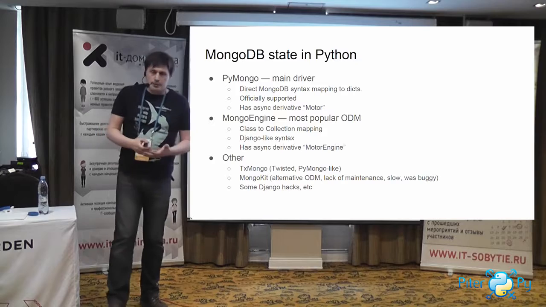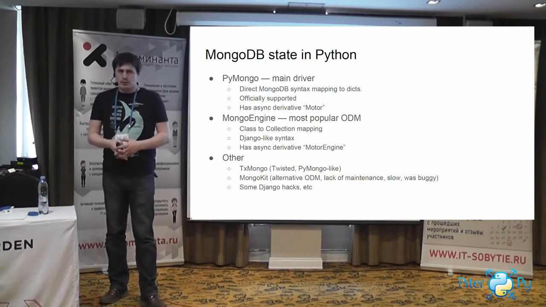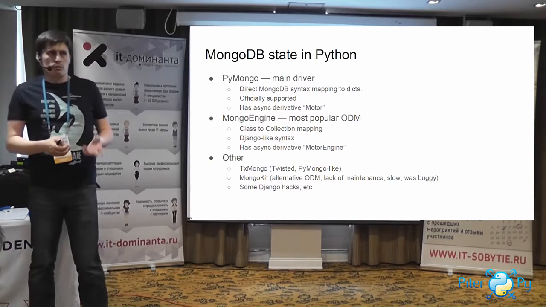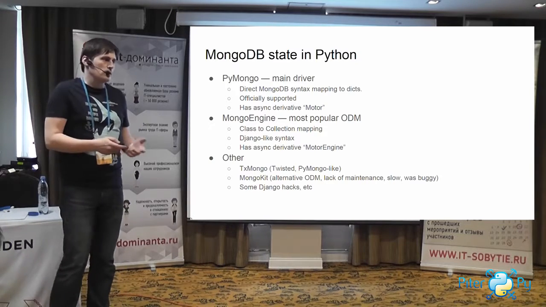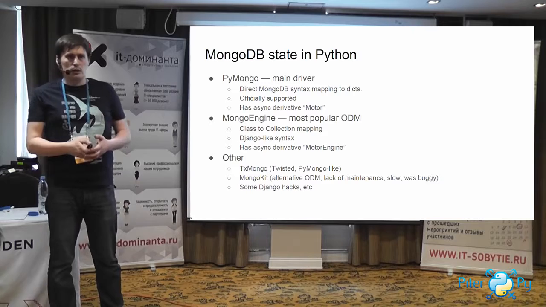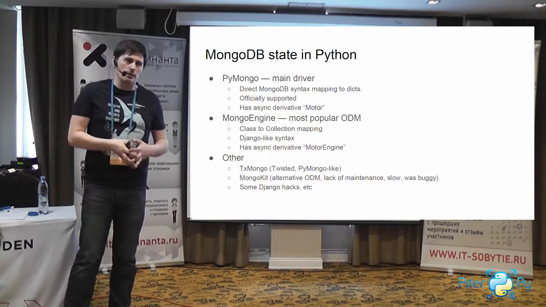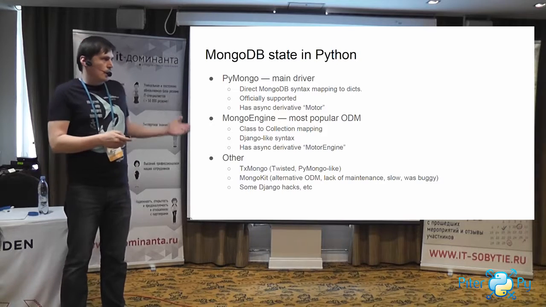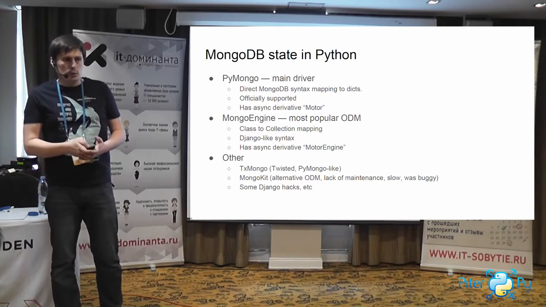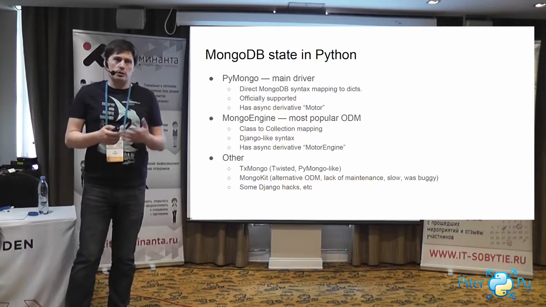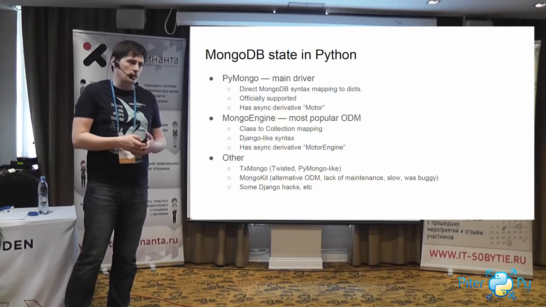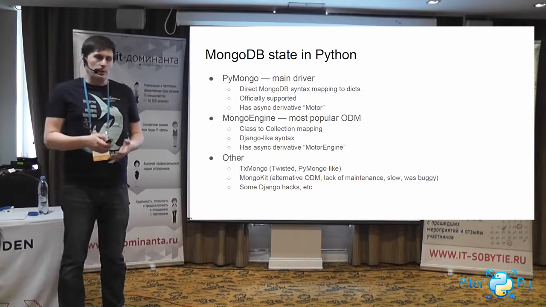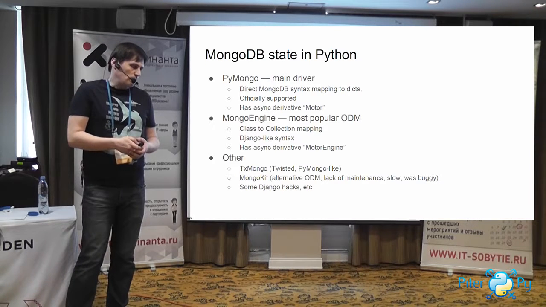Let's see what we have in Python for MongoDB for the start. Mostly it's two things. First, it's the PyMongo library that is the main driver, and some derivatives like Motor or TxMongo that use the same syntax as PyMongo, and are usually compatible with it.